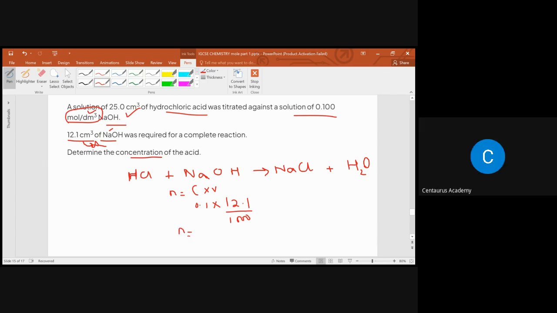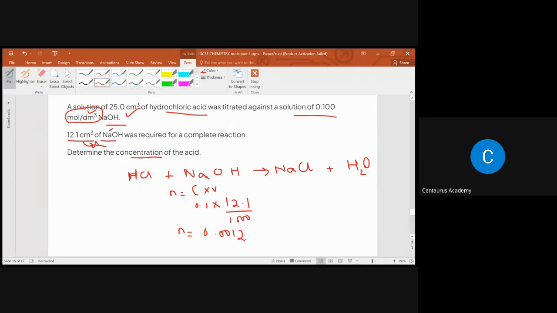Yes, yes. How much is the amount of moles present? 0.1 times 12.1 divided by 1000 is? 0.00121. Okay.